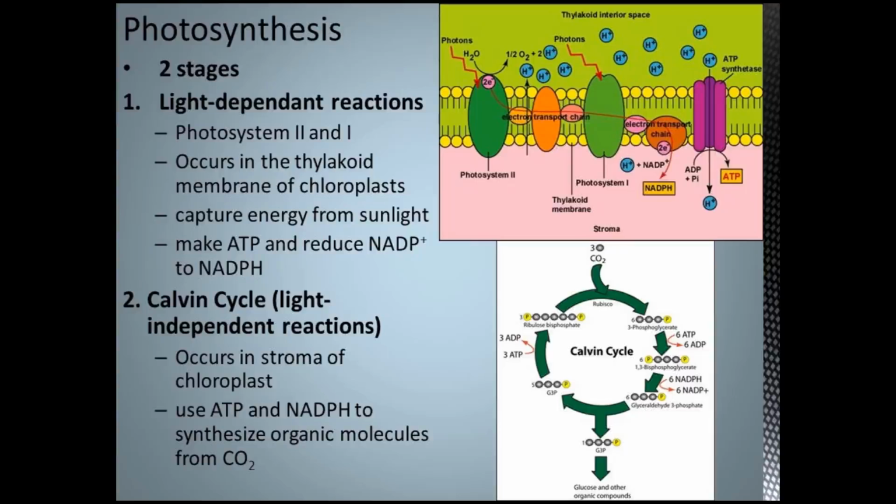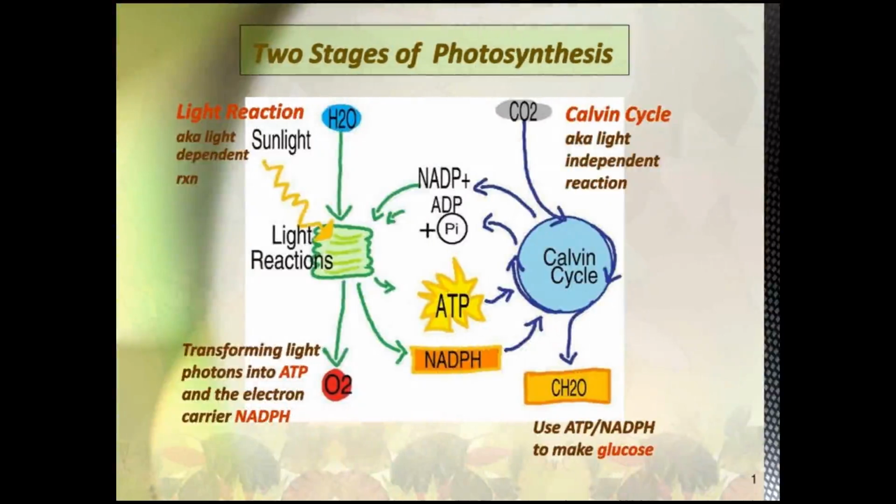Internal factors are pigment, leaf age, accumulation of carbohydrate, and hormones. External factors are light, carbon dioxide, temperature, water, and mineral elements. These are the external factors. Have you understood?